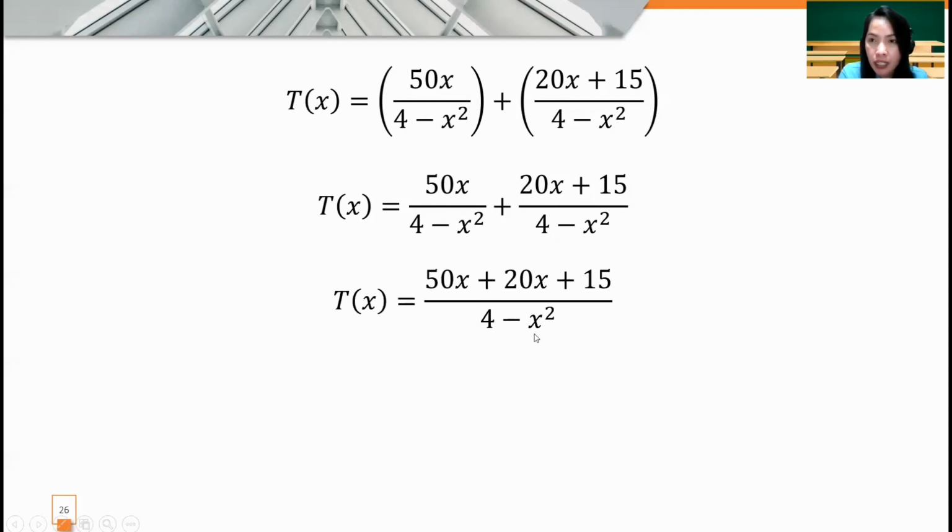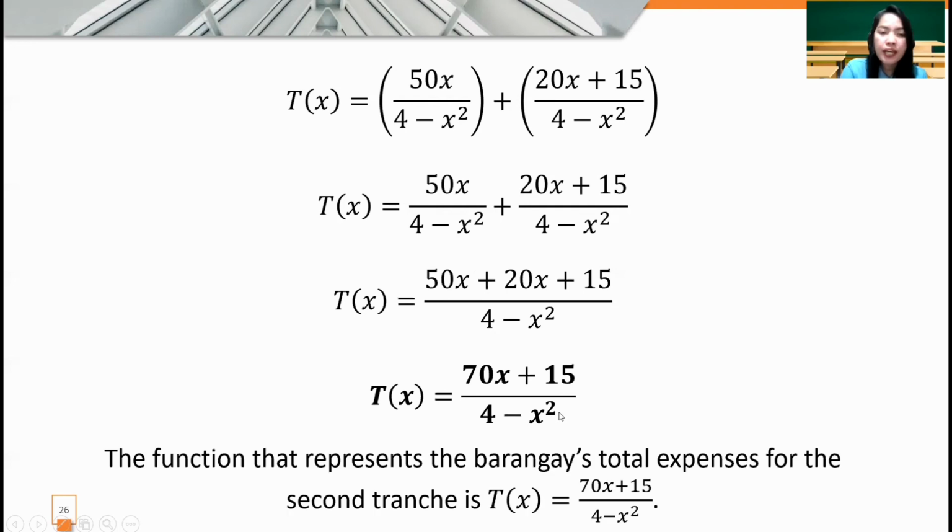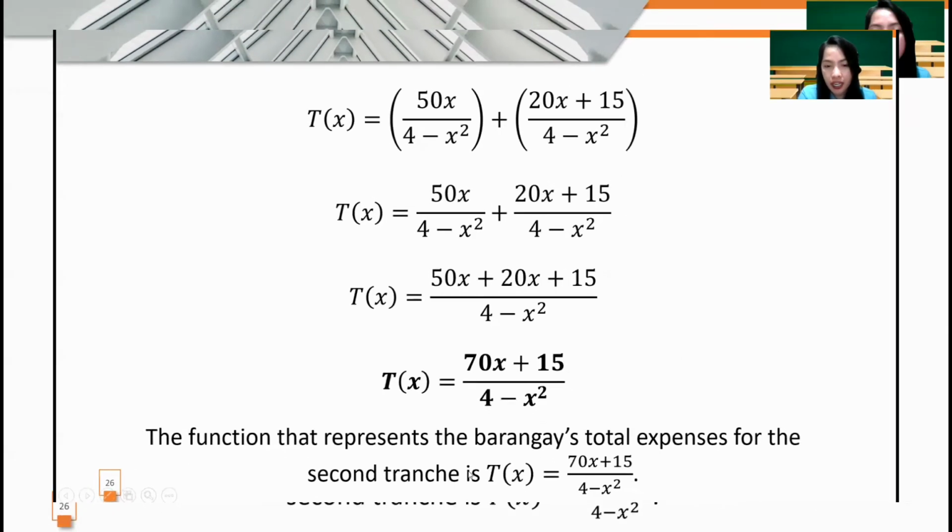At yung sa denominator, isahan mo lang siyang isulat. 4 minus x squared, and then in the numerator, we have 50x that will be added to 20x plus 15. T of x is equal to 70x. 50 plus 20 is 70. Then copy the variable x plus 15. All over, copy the denominator 4 minus x squared. That is the function that will represent the barangay's total expenses for the second tranche.